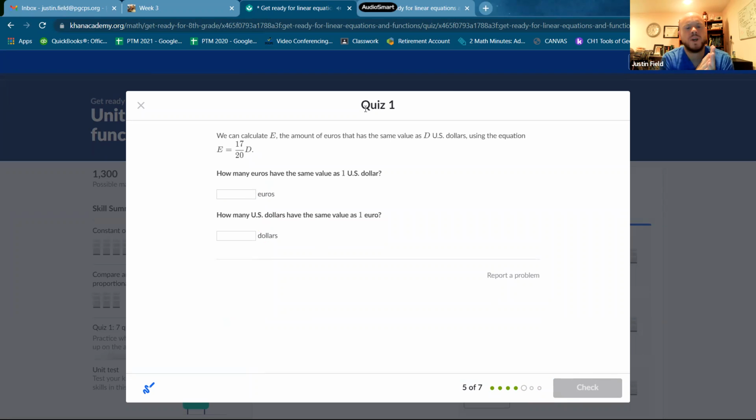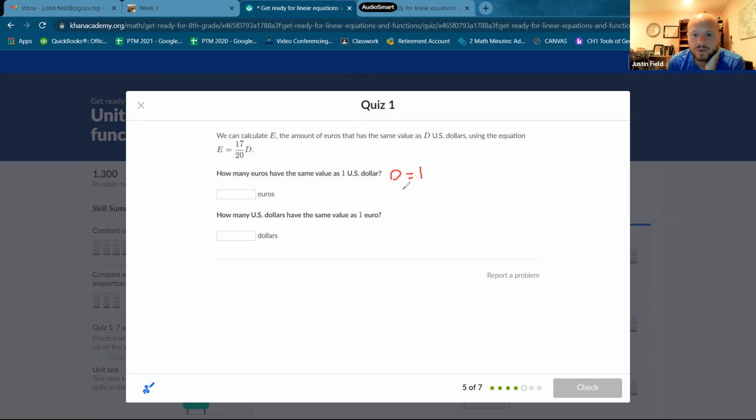All right. We can calculate E, the amount of euros, that has the same value as D, US dollars, given the equation E equals 17 over 20 D. How many euros have the same value as $1? Okay, so when you're thinking about it algebraically, you say it like this. In this first given information, D equals 1.